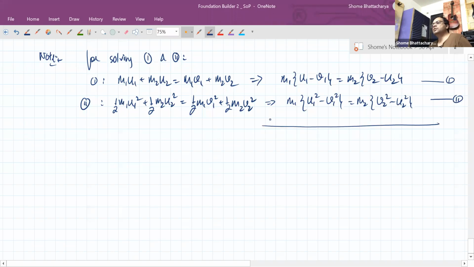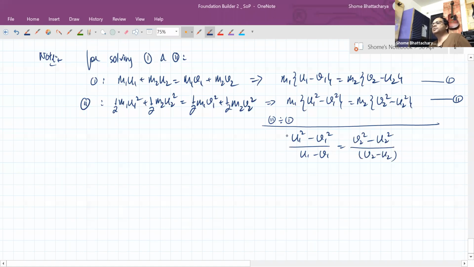That will give us an interesting equation. We take equation 2 and divide it by equation 1. So we have u1 square minus v1 square upon u1 minus v1 is equal to, on the other side, v2 square minus u2 square, again divided by v2 minus u2.